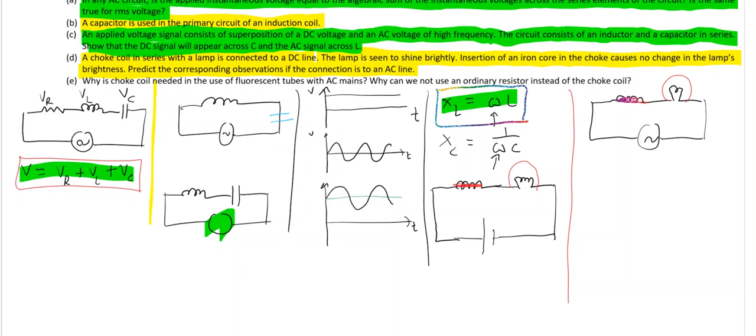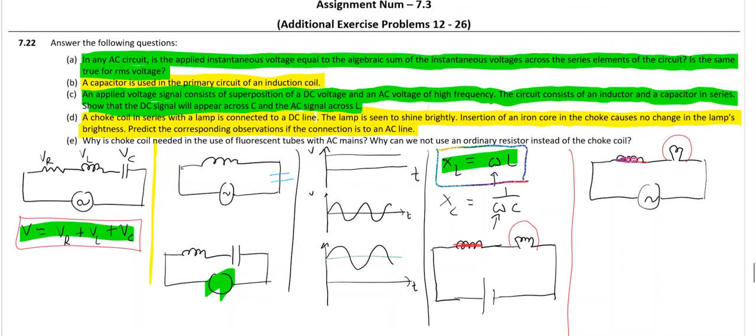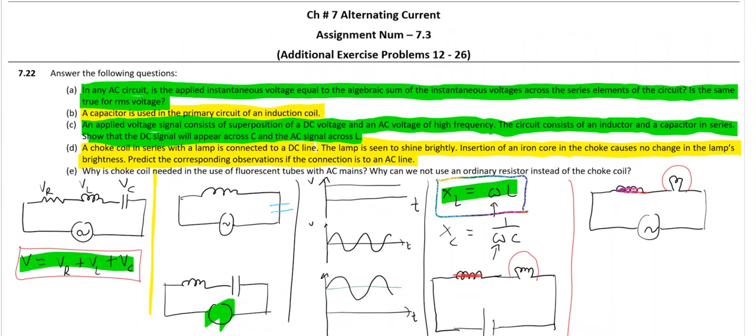So what will happen if XL increases? Current in the circuit will decrease and brightness will decrease. So for DC source, nothing will happen if you insert iron rod in the inductor, but for AC source, inductive reactance increases, current in the circuit decreases, and hence brightness decreases. Next one.